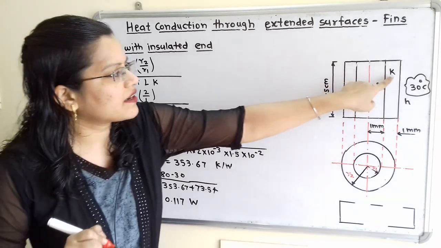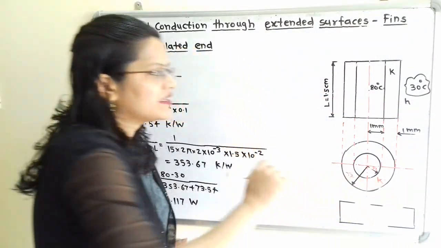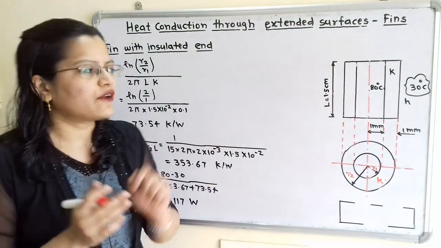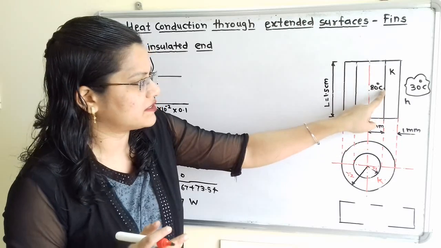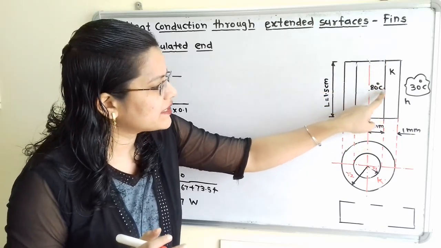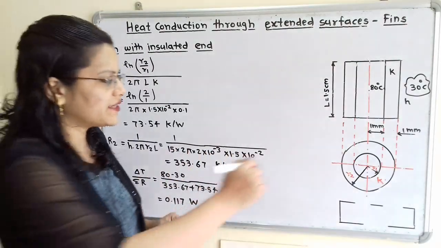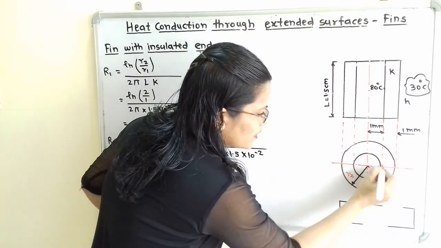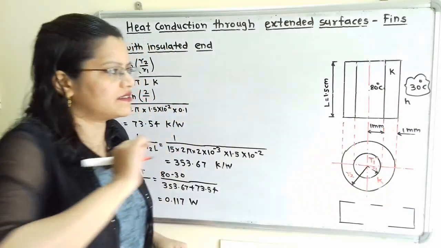Now there is the conductivity K for the insulation material that is mentioned. Then the condition is given that we have to maintain the surface of the transistor at 80 degrees Celsius. We will consider this temperature as temperature T1. So for this circle, the temperature T1 is 80 degrees Celsius.